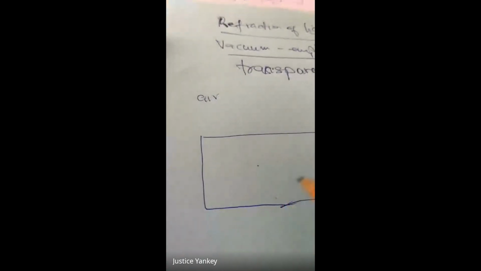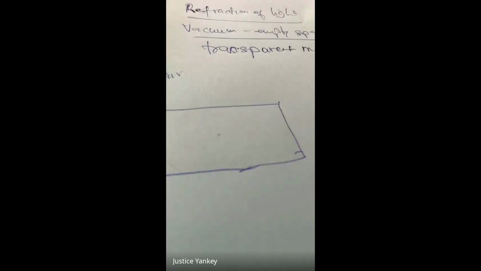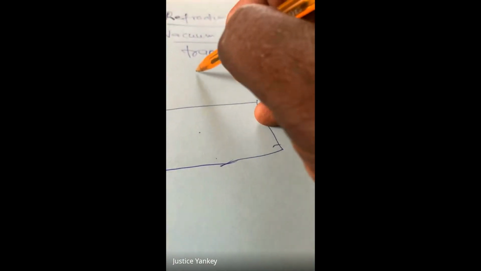So here is a piece of glass, and surrounding it is air. So this is glass, and surrounding the glass is air. Now, here is a normal to the glass, a line that passes perpendicular through the glass is the normal.